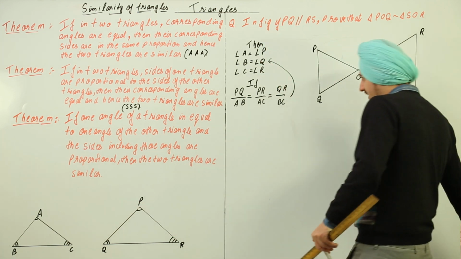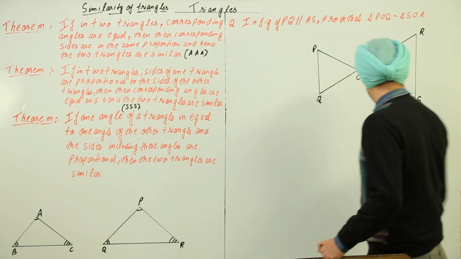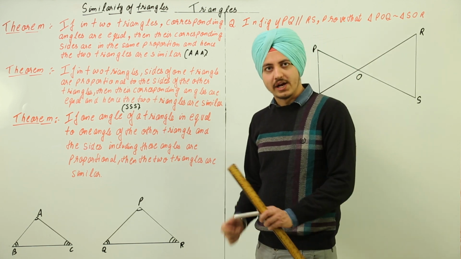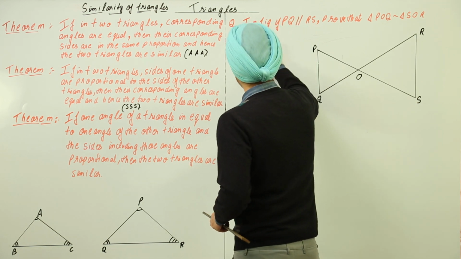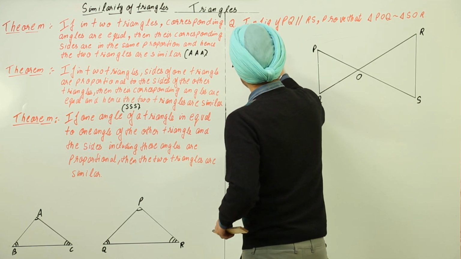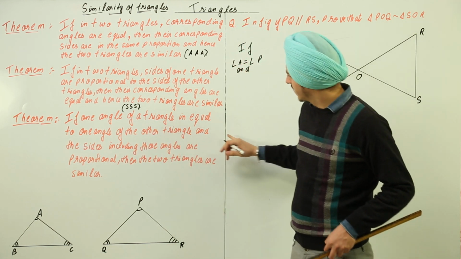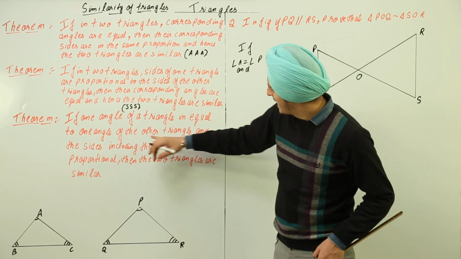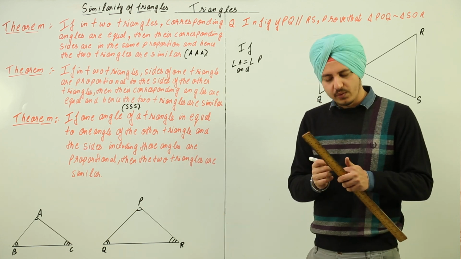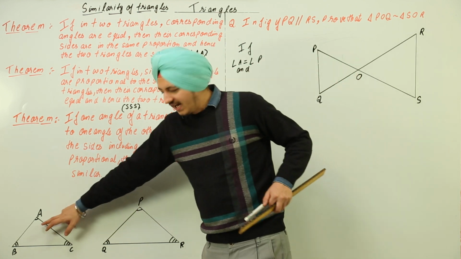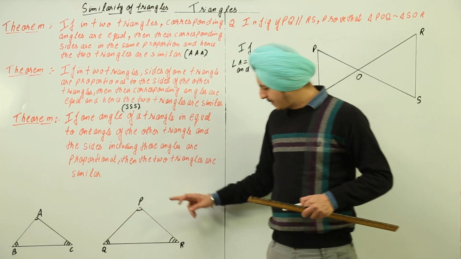Now this is something different. In this, what is given is that if one angle of one triangle is equal to one angle of the other triangle, let's say that angle is angle A and angle P. If angle A is equal to angle P and the sides including these angles, that means the sides which hold these angles, like angle A is between sides AB and AC, angle P is between sides PQ and PR, correct?